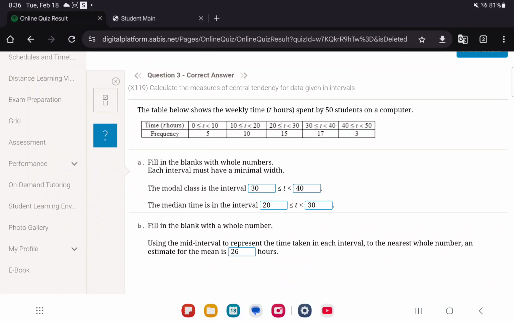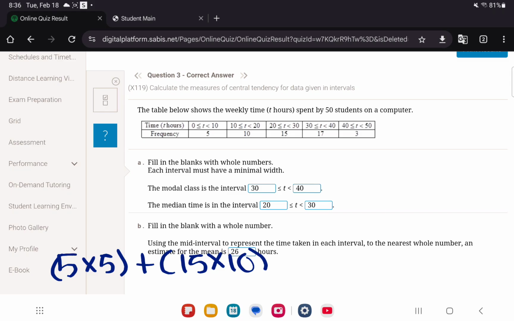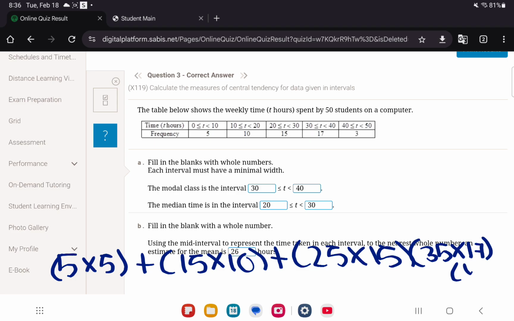Then 35 times 17 plus 45 times 13, all over the sum of the frequencies.